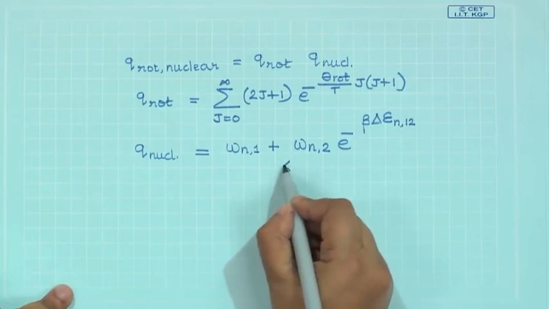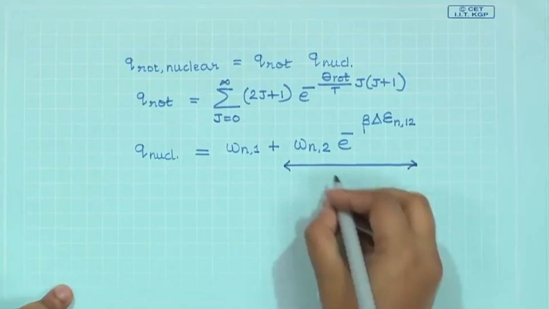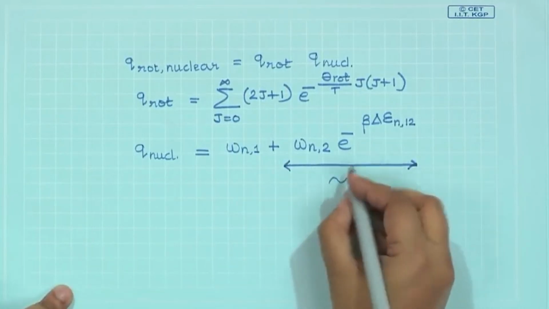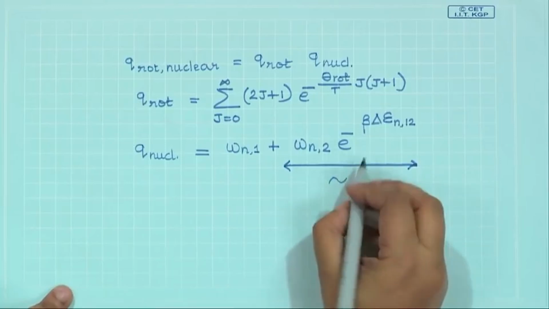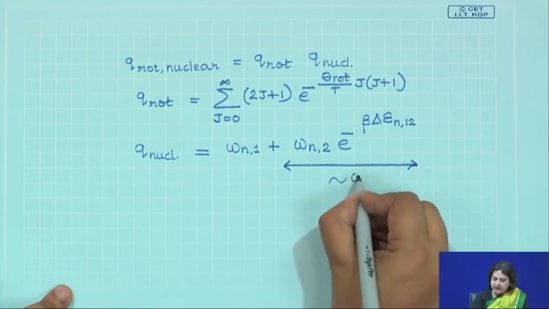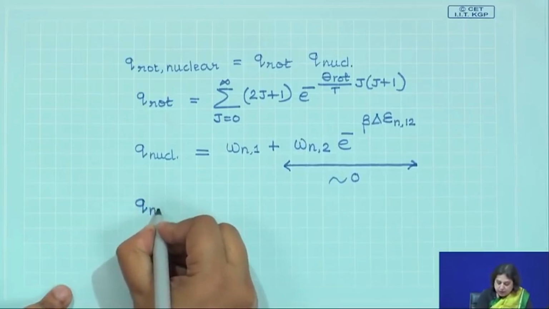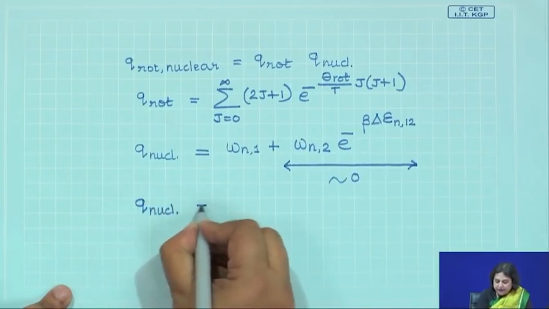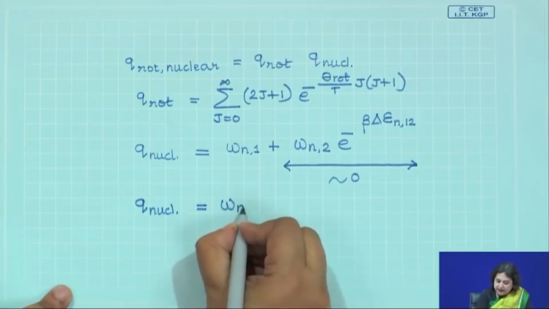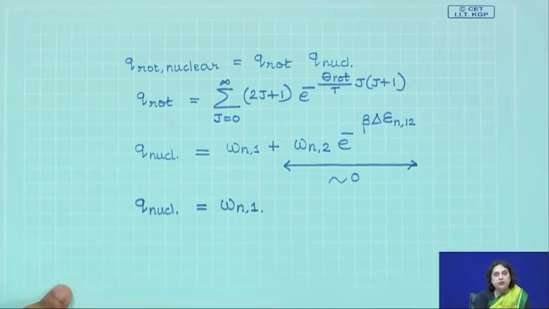Now, we have already seen that the contribution of this term at the high temperatures that we are interested in is approximately equal to 0. And therefore, Q nuclear is going to be given simply by the degeneracy of the ground nuclear energy state.